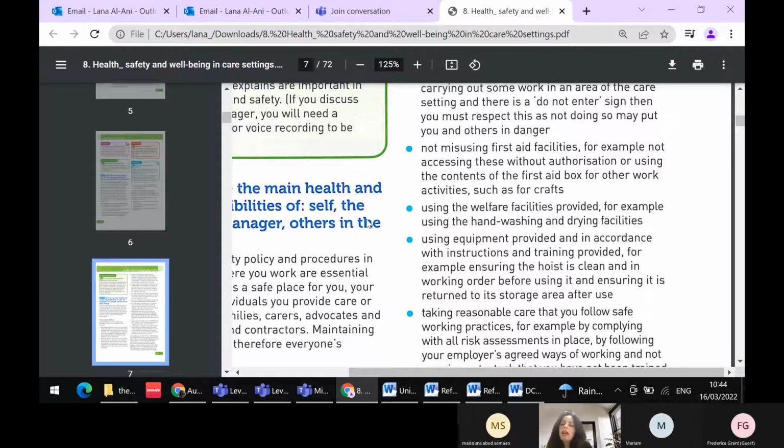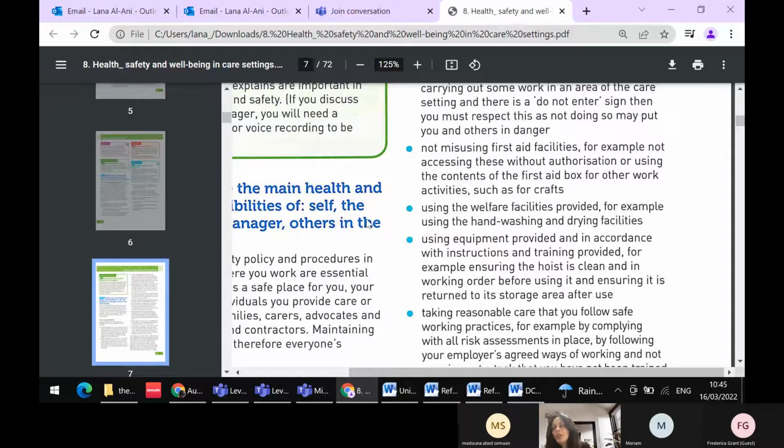And also my responsibilities, if they provide me with first aid, I would take the training. Always make sure there are first aid facilities, so I know where they are. If someone has hurt himself or herself, I know how to deal with it. And I know how to use any facilities in the area properly.